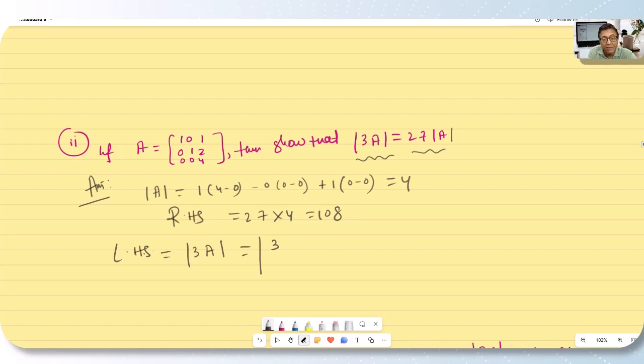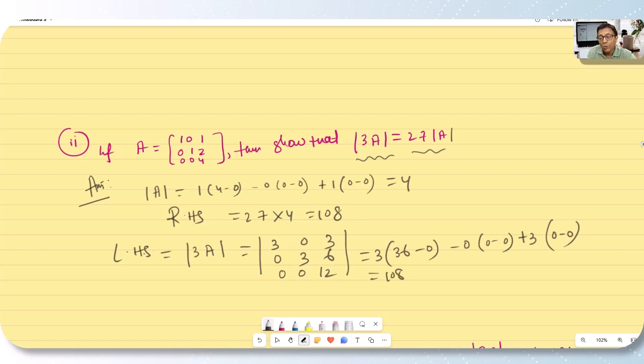So this is 3, 0, 3, 0, 3, 6, 0, 0, 12, minus 0 into 0 minus 0, 3 into 0 minus 0. So this is 108 only. So left hand side is equal to right hand side.